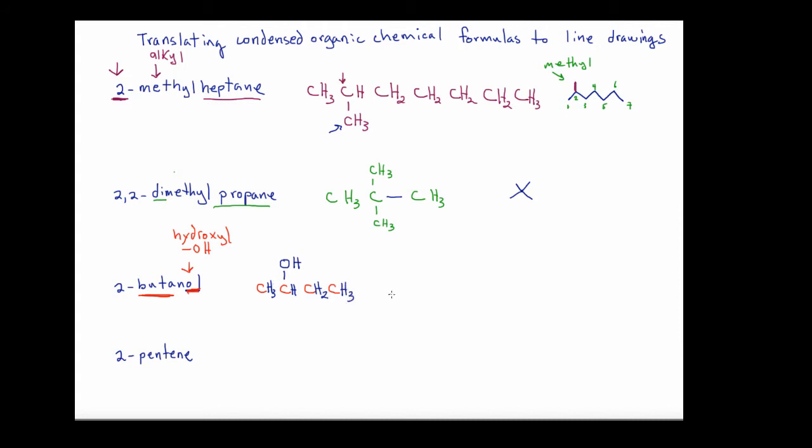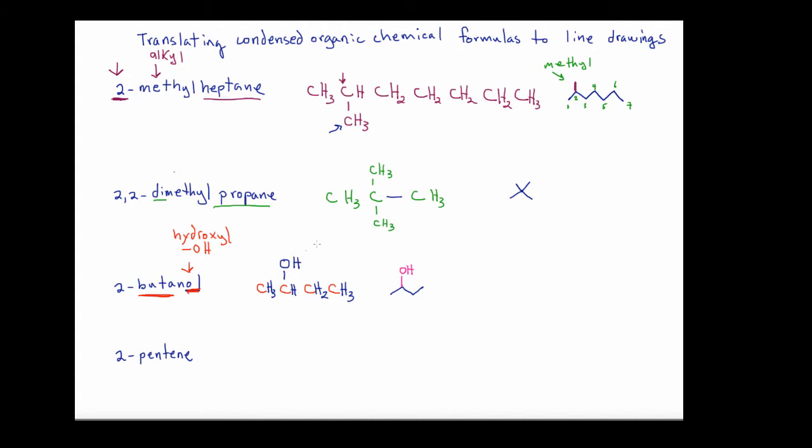All right, and then for my line drawing, I need a total of 4 carbons, so there's 2, 3, and 4. And the hydroxyl group, I'll change the color to emphasize this, is going to be off the 2nd carbon, like this. All right, so this is going to be 2-butanol.